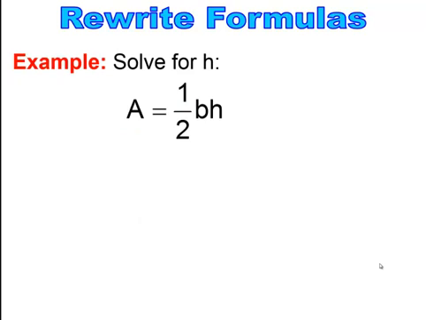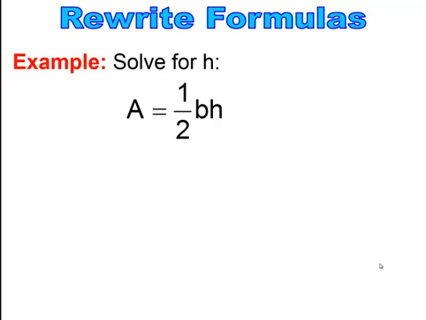This next example, we're asked to solve for h. This is the area formula for a triangle. Capital A represents area equals 1/2 b times h, or base times height. So I want to get the formula for height, or solve for h.